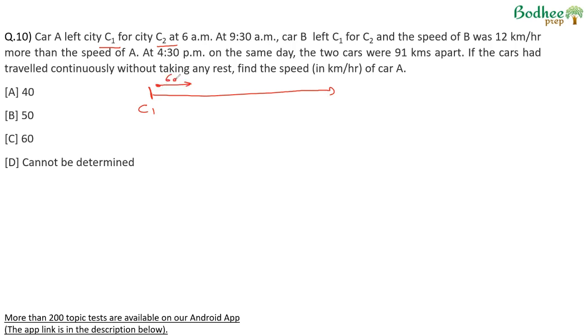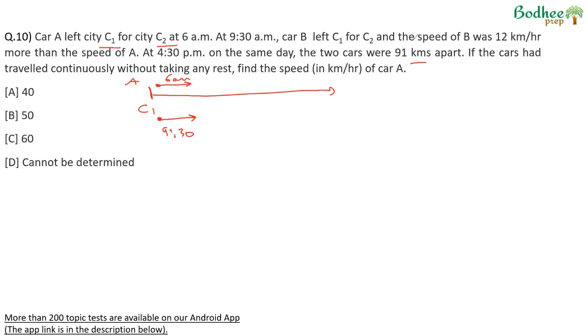One leaves at 6 a.m., which is car A. The other leaves at 9:30, and then we're looking at 4:30. The cars are 91 kilometers apart. If the cars had traveled continuously without taking any rest, find the speed of A.